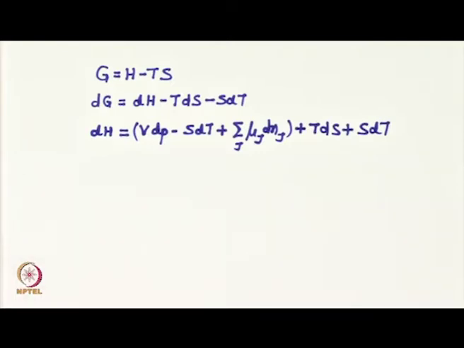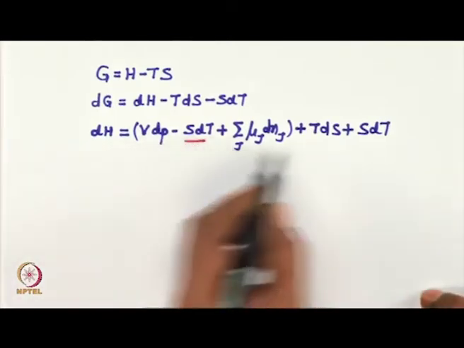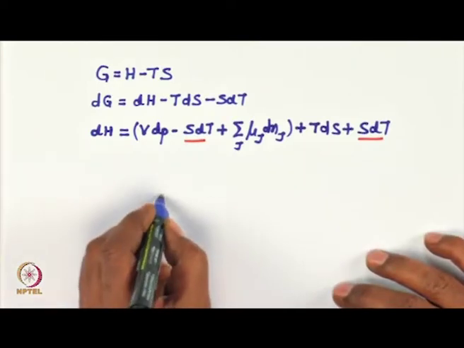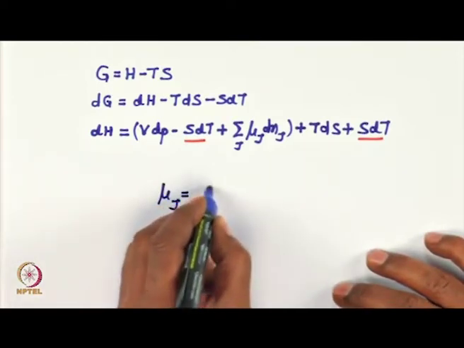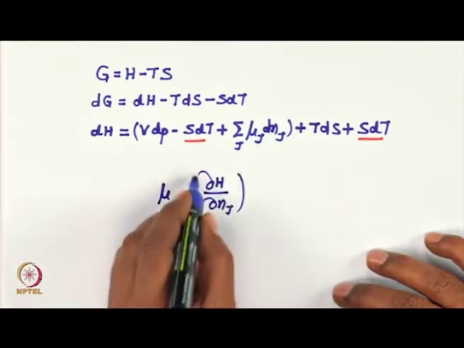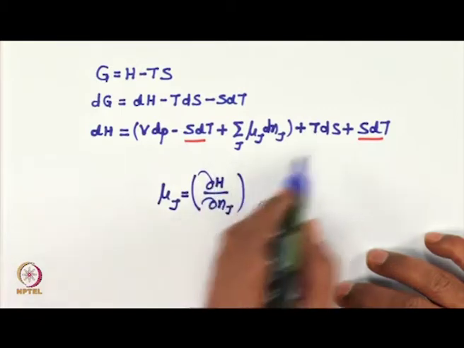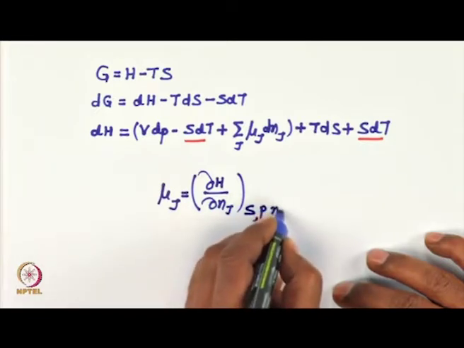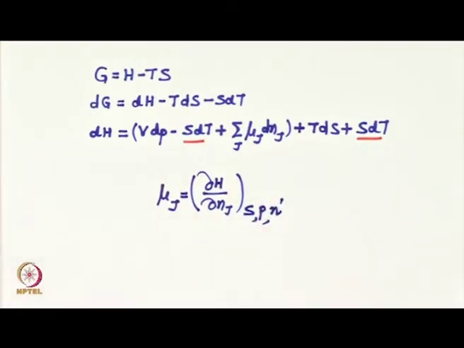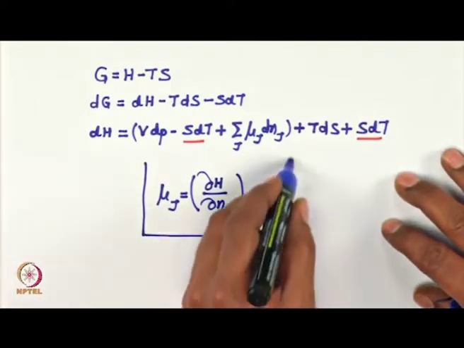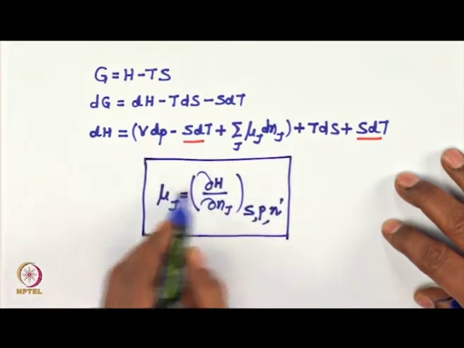And you see here this term gets cancelled, and this allows me to write expression for chemical potential in terms of enthalpy: entropy constant, pressure constant and composition of other constituents constant. Now, we establish the relationship between chemical potential and the change in enthalpy.